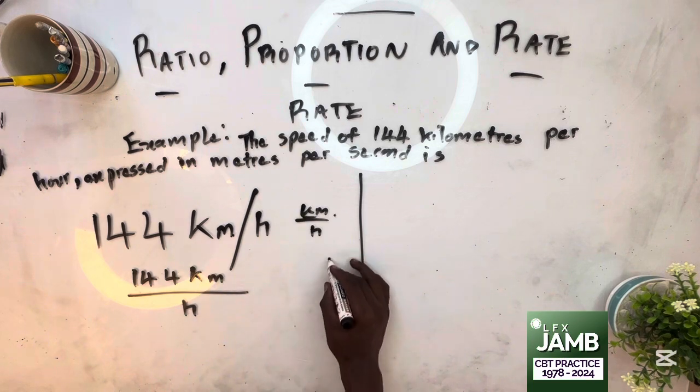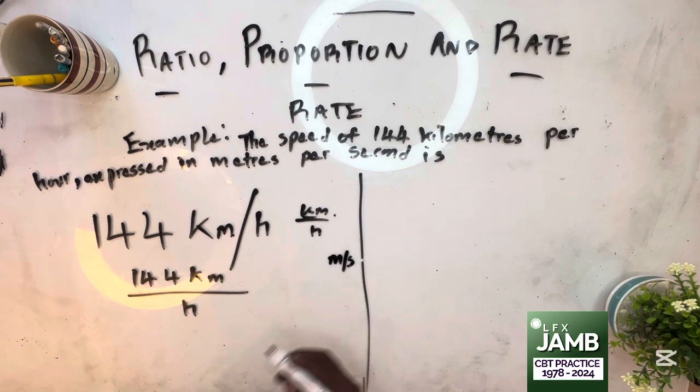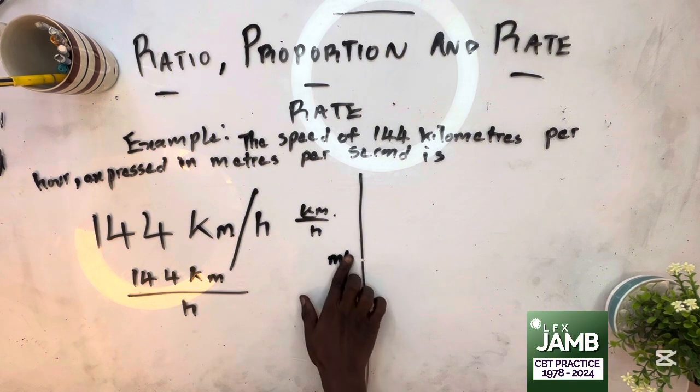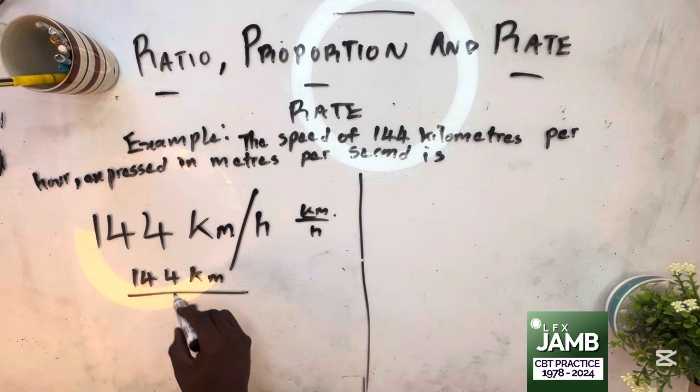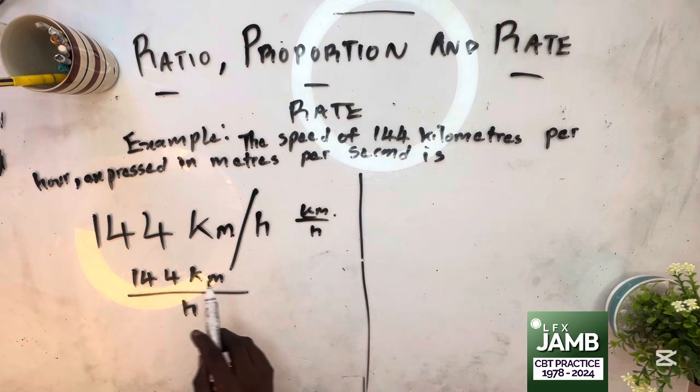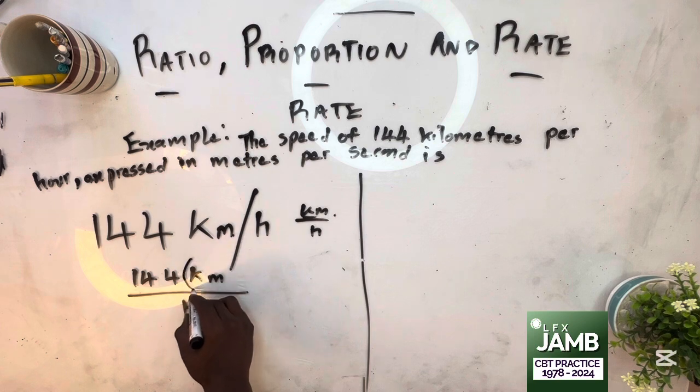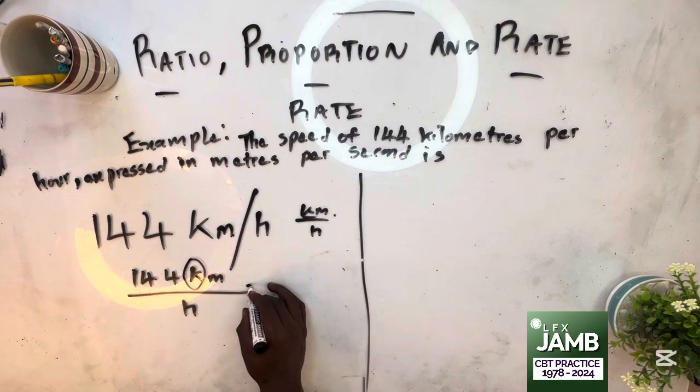So we are asked to change it to meters per second. So we know kilo, anytime you see kilo anywhere, kilo means 1,000. It's an abbreviated form for 1,000. So easily we can eliminate this kilo and put what? 1,000.